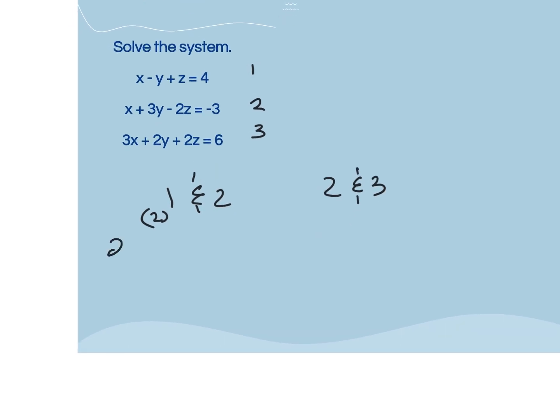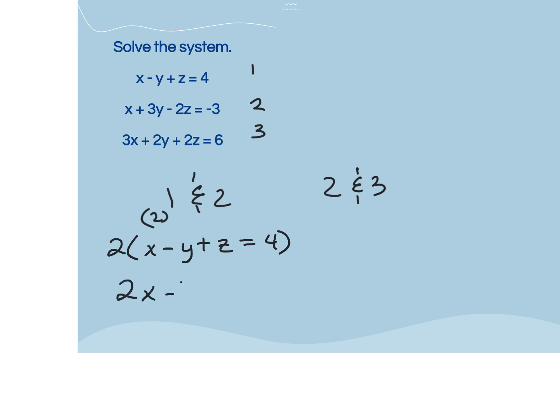So let me take equation 1. I'm going to distribute the 2. And again, you could have picked a different letter. Like if you wanted to eliminate x, you'd have to multiply equations 1 and 2 by -3. Again, you can choose. So when you go to take this test, it's going to be very, very important that you show work.